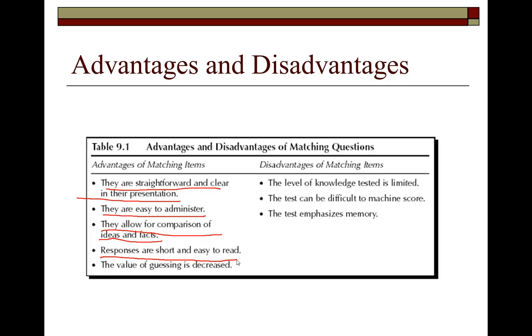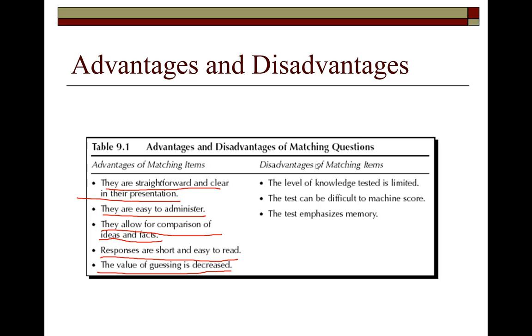Your responses are short, easy to read, and the value of guessing is decreased. Since you have more option items than STEM items, they have to be able to know the information, and their chances for guessing kind of minimize their options of being able to get the question right.